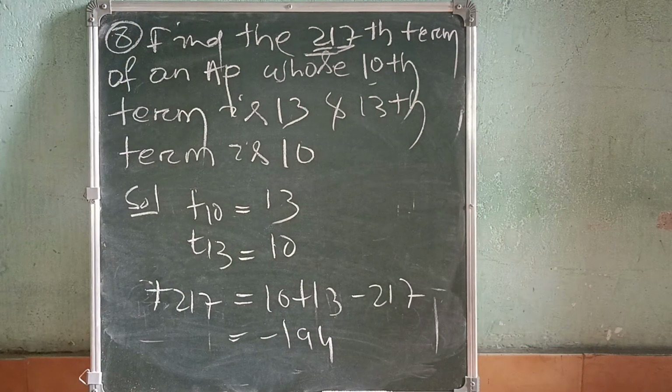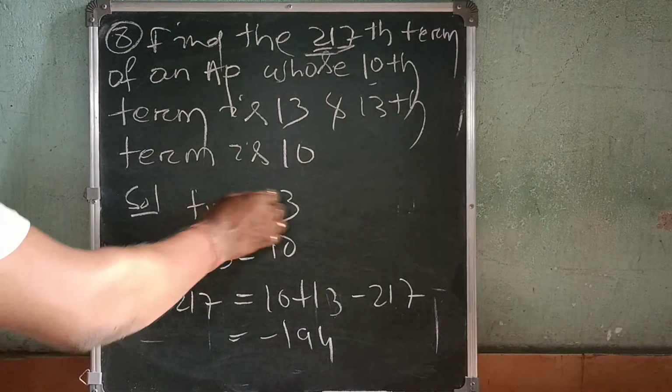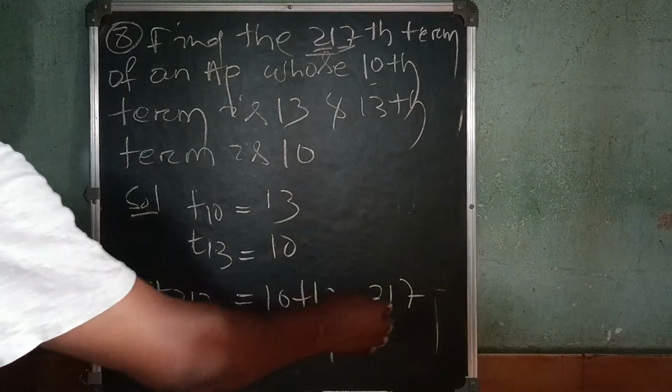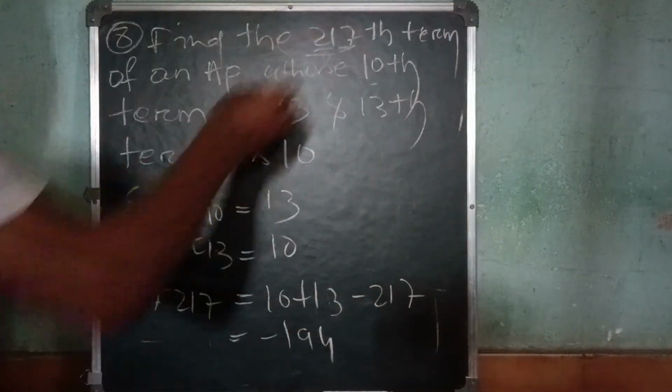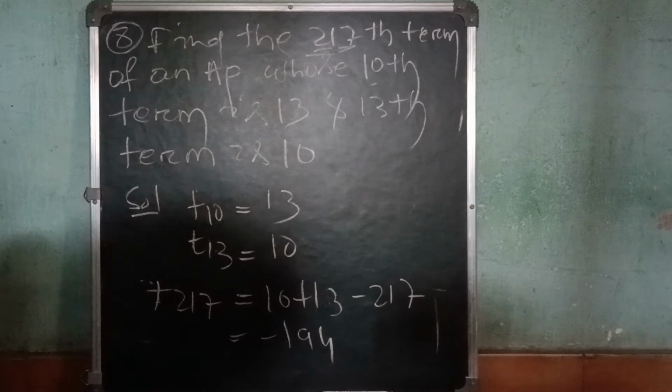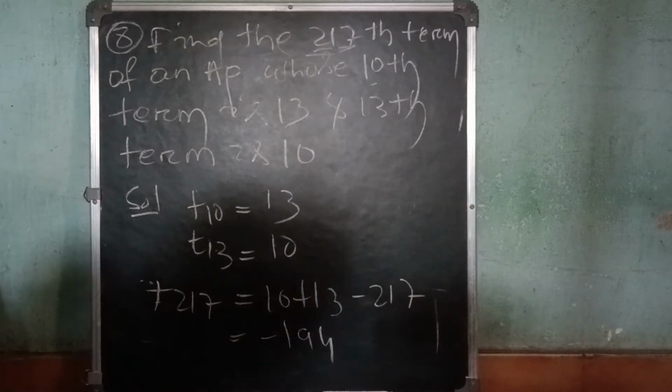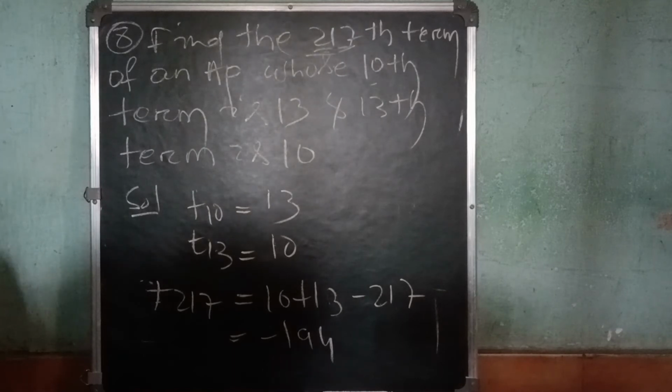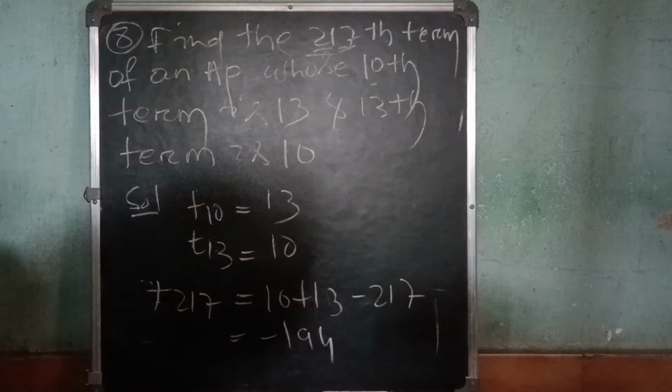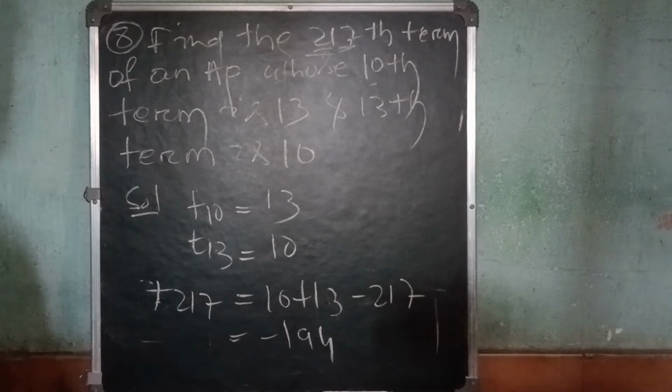This is your answer. When the values are reversed, 10, 13, 13, 10, you just add them and subtract the number of the term asked in the question, then automatically the answer comes. So 10 plus 13 minus 217, minus 194. This is the tricky question.